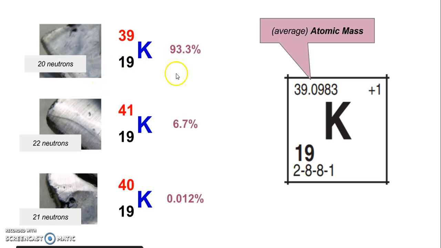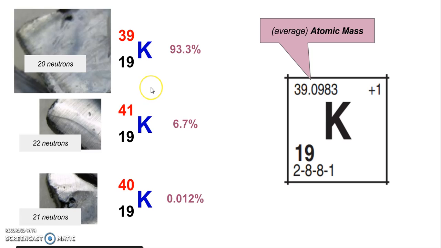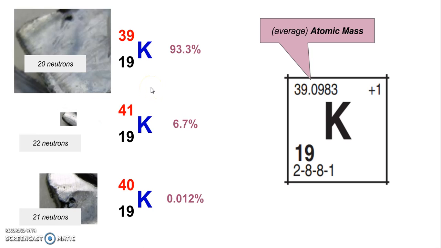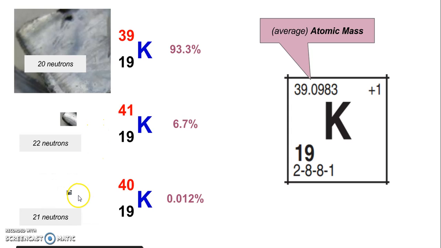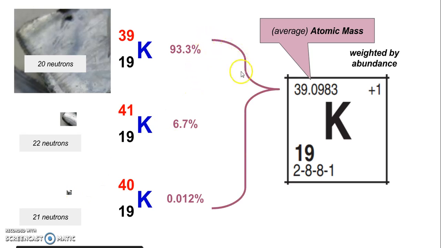Now, these percentages, really it's kind of like this. Most of the potassium on Earth is this kind, and then a very small percent is this kind, and an extremely small percentage is this particular isotope. So if we take the weighted average, lots of K39, quite a small amount of K41, and an incredibly small amount of K40, we end up with this number, 39.0983.